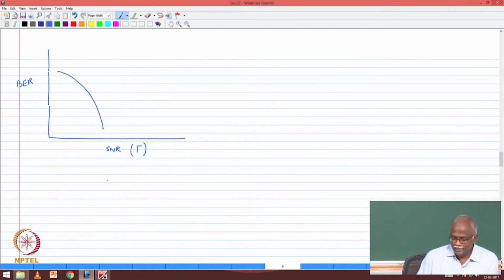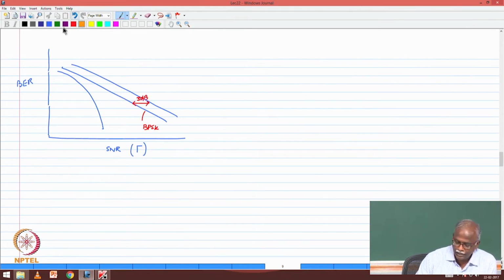The AWGN graph is going to be steep. This is BPSK, this is differential BPSK. So this one is BPSK, with a shift of 3 dB, and this is going to be differential BPSK.